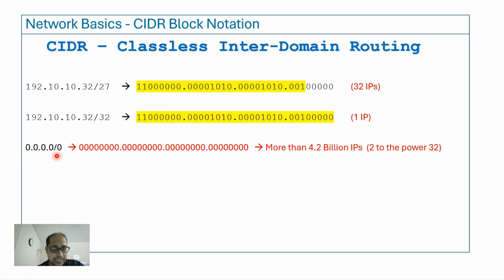Because this subnet or machine is open to the internet, anyone can connect to it, meaning any IP address in the world. So /0 means all the IP addresses in the world, which is more than 4.2 billion.